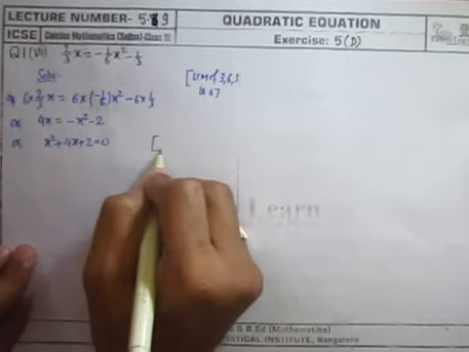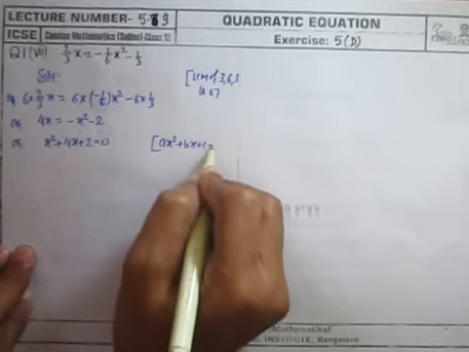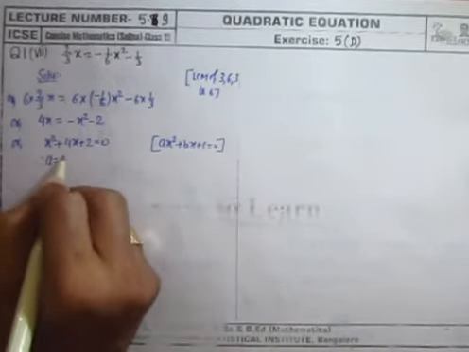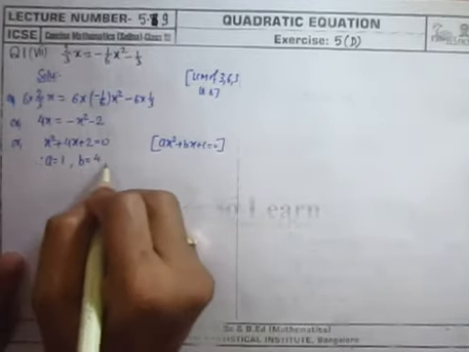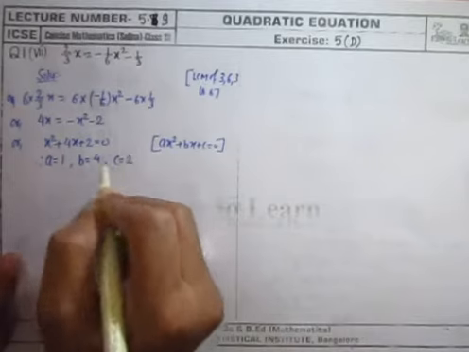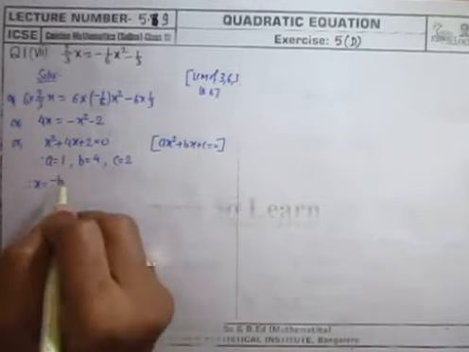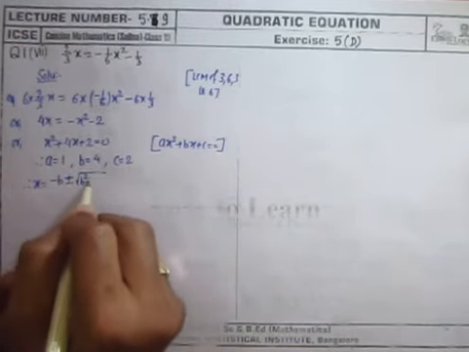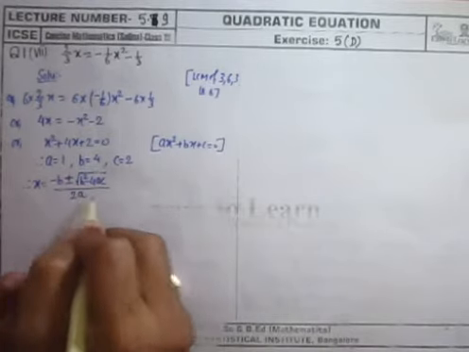Now comparing this equation with this one, x square plus bx plus c equal to 0. So here a means coefficient of x square, it will be 1, b is coefficient of x, 4, and c is constant term, so it is 2. Now formula for x is minus b plus minus root under b square minus 4ac by 2a.